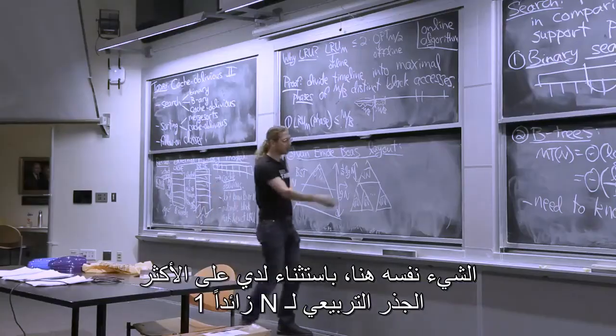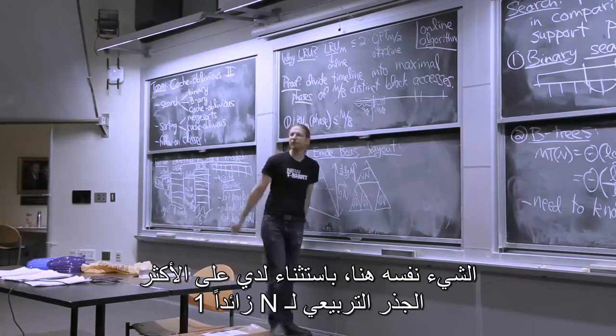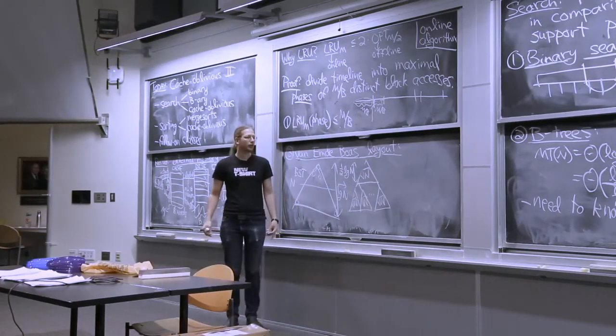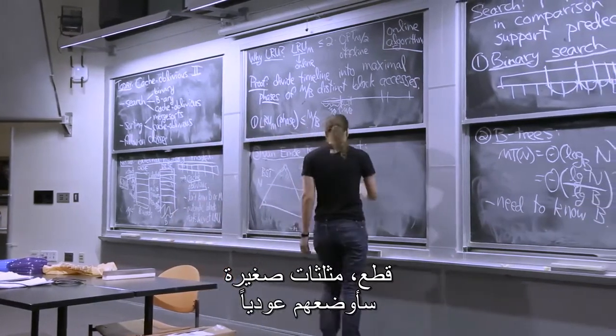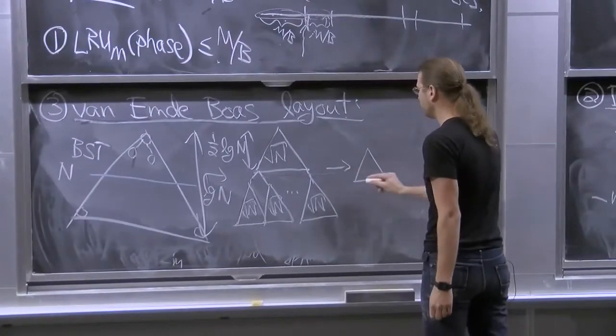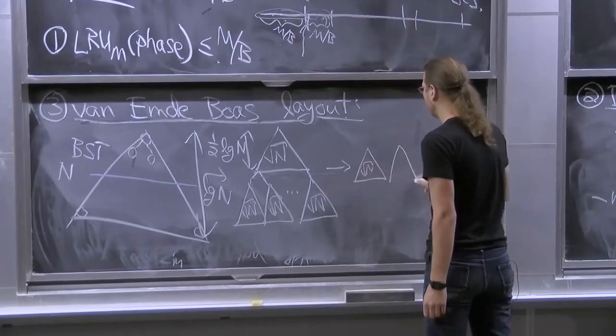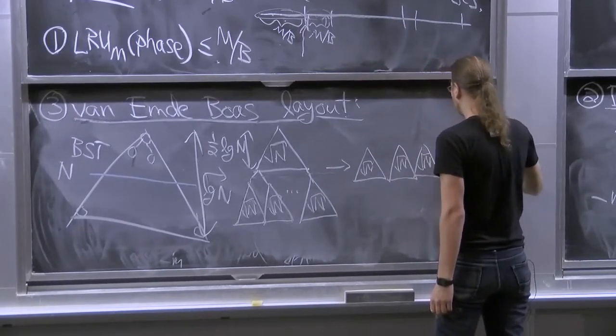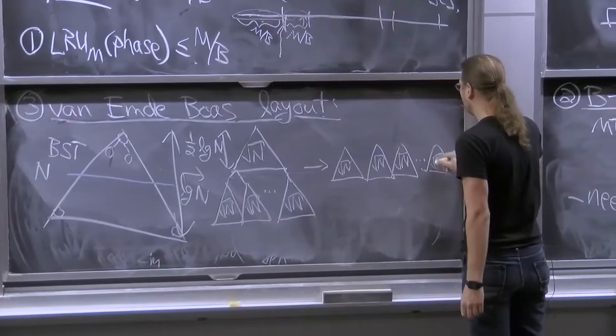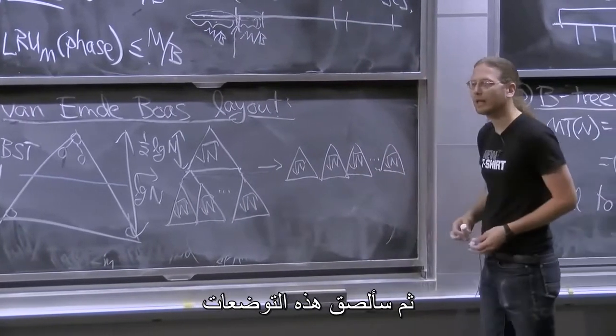Same thing here, except now I have roughly square root of n plus 1 chunks, little triangles. I'm going to recursively lay them out, and then I'm going to concatenate those layouts.